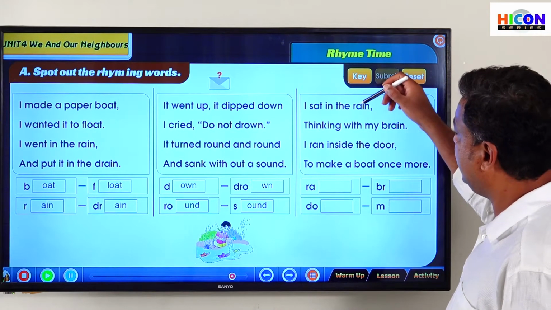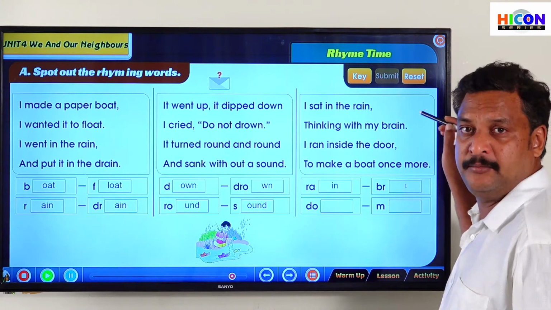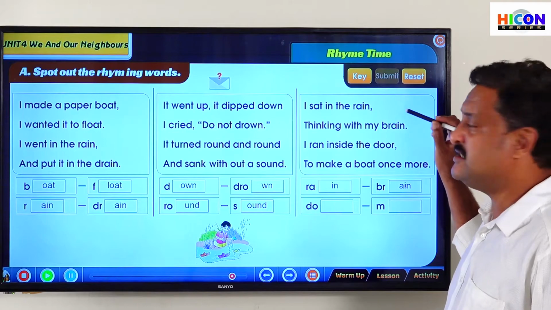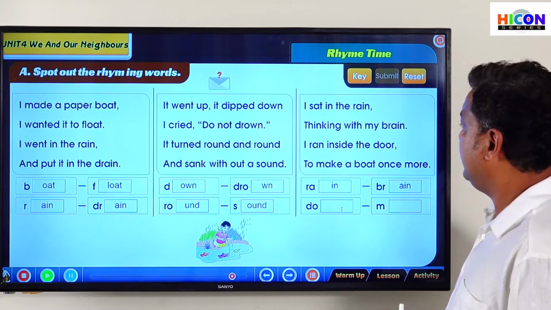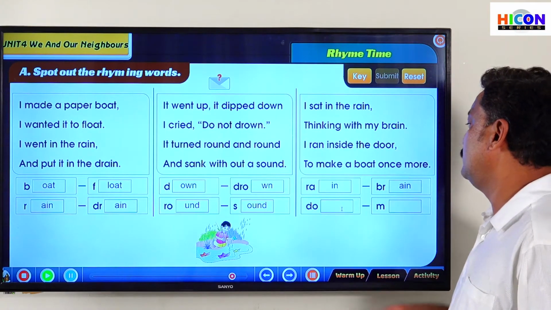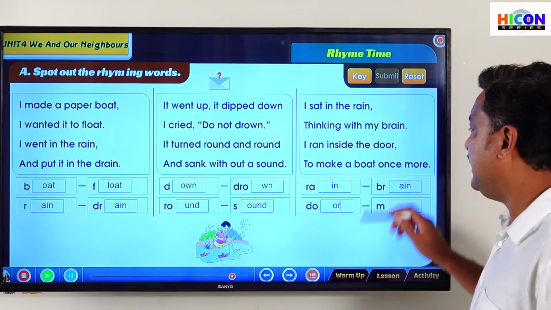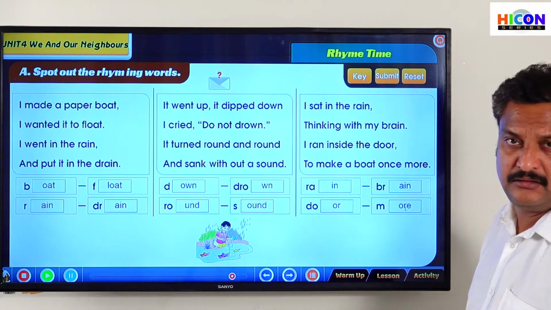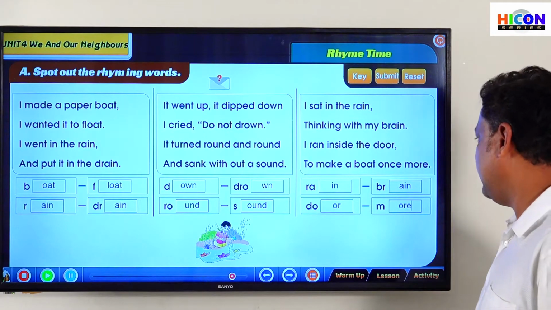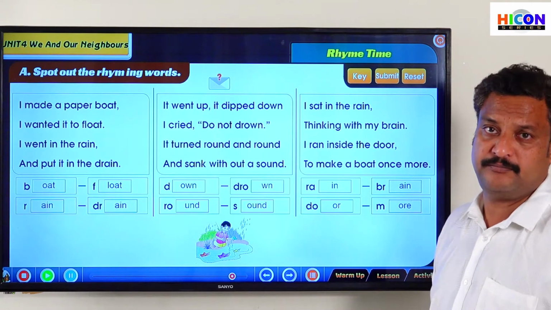R-A-I-N, rain. B-R-A-I-N, brain. They also rhyme, isn't it? Rain, brain. I ran inside the door, D-O-O-R, door, to make a boat once more, M-O-R-E. So door matches with more, right?